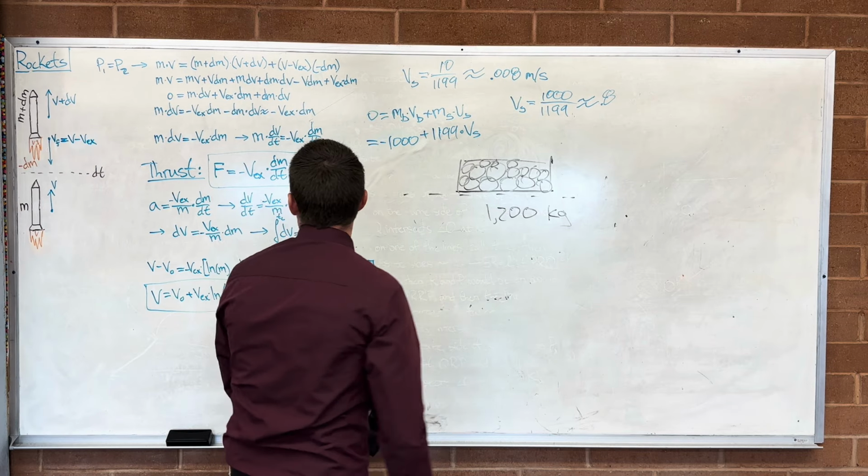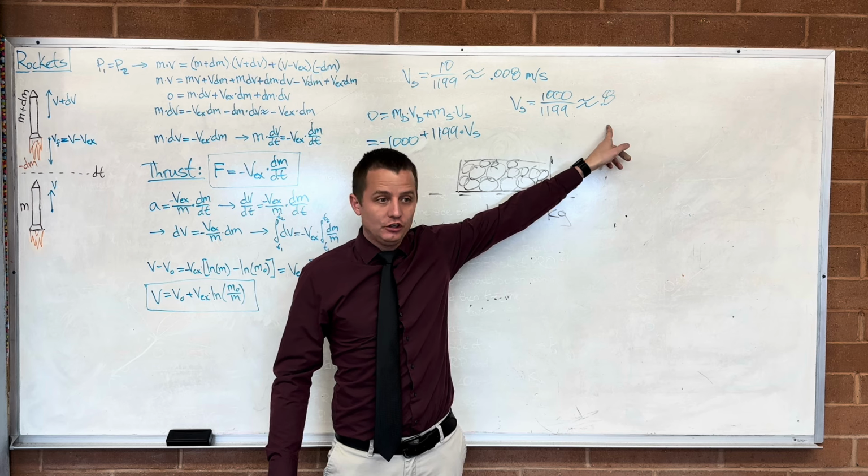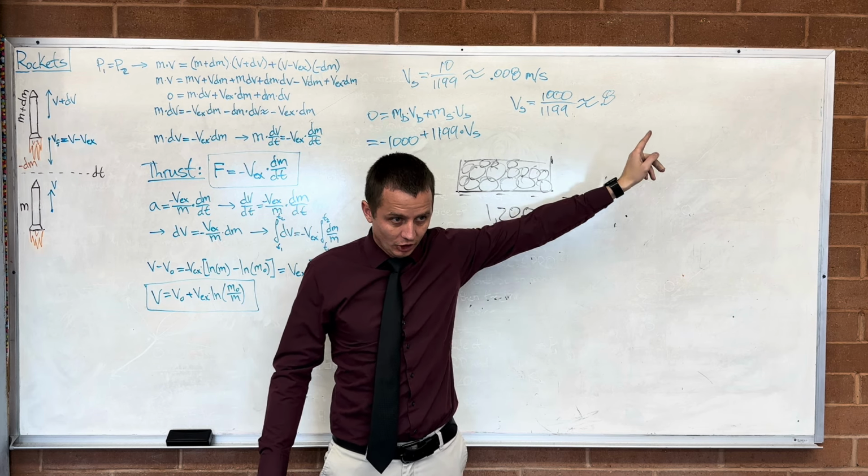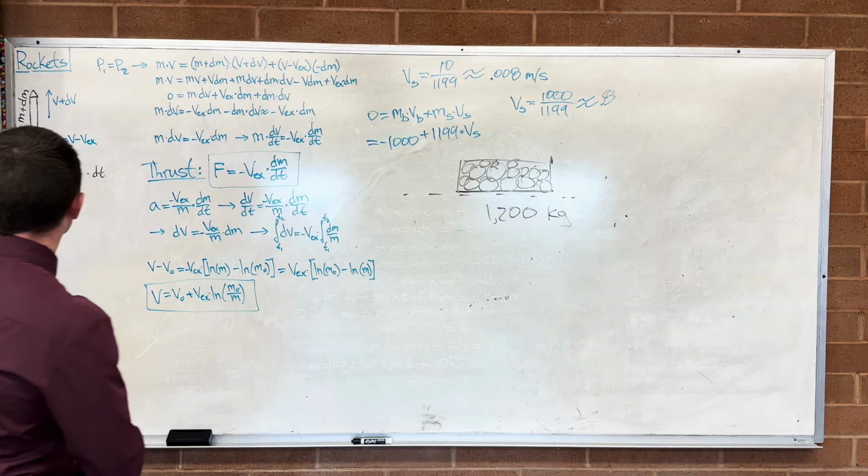How does a rocket work? It has fuel, which has mass. It burns that fuel, which creates the explosion, and shoots that gas out at extremely high speed. And so even a small amount of mass going at a high speed can make a considerable difference to your velocity.